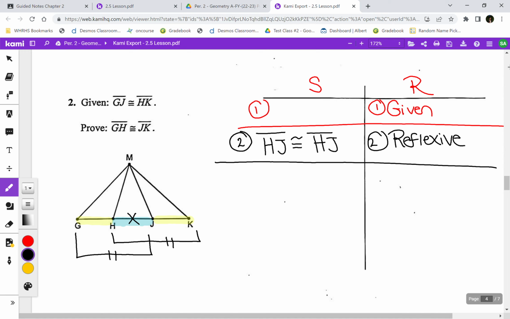And then once you've declared that you're using it twice, then you could go on and say, okay, well, I'm going to subtract it. So GH is congruent to JK, and your reason is subtraction.